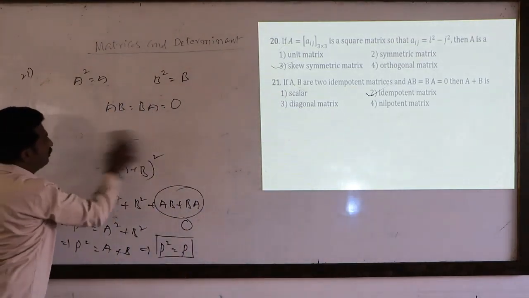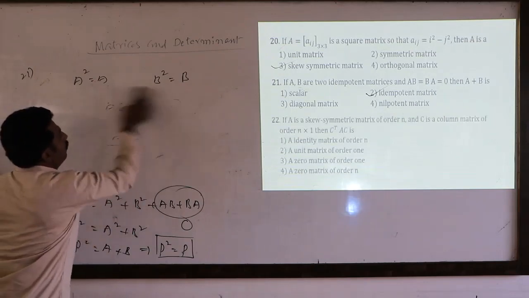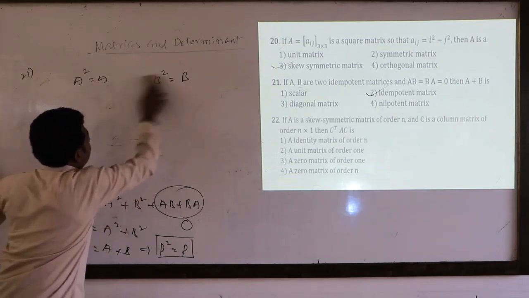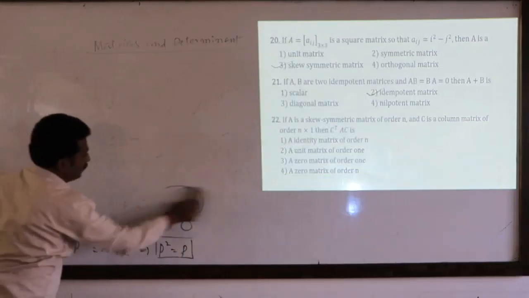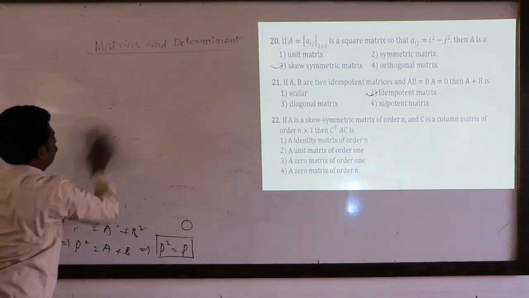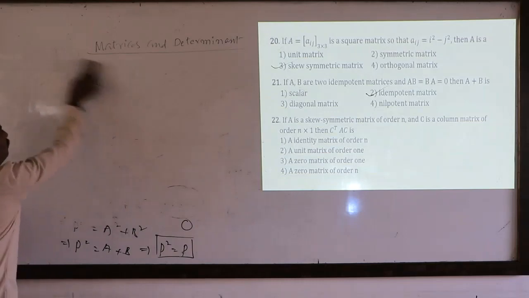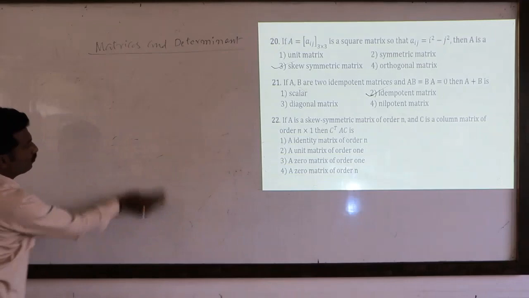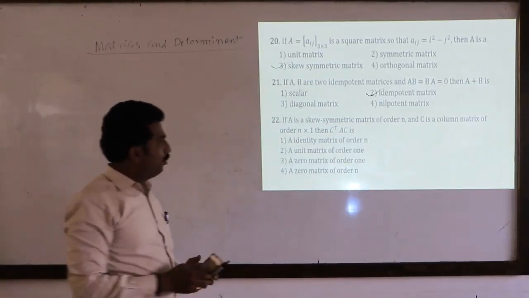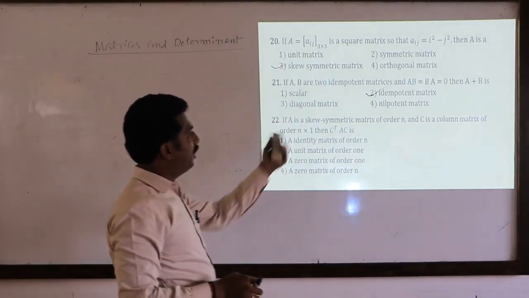Then next question, the 22nd. A is a skew symmetric matrix of any order n.